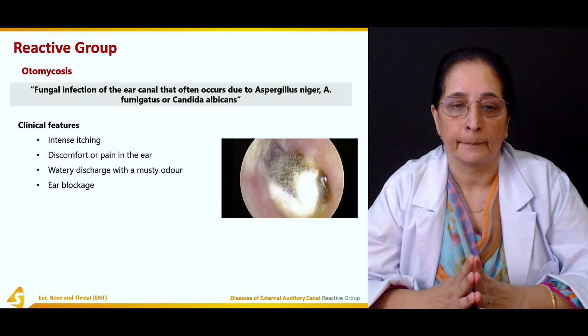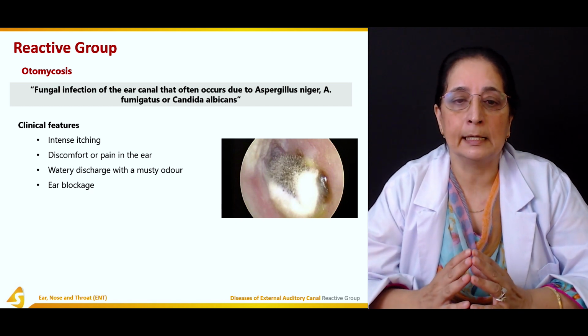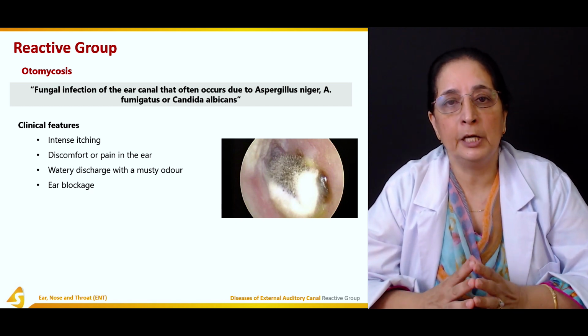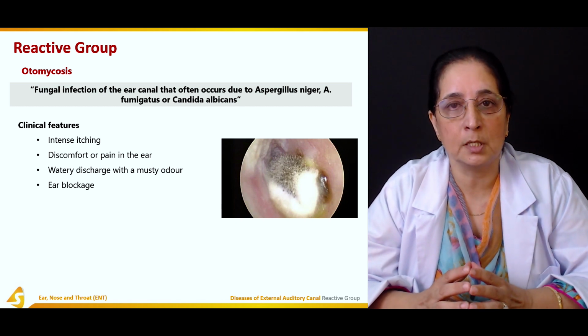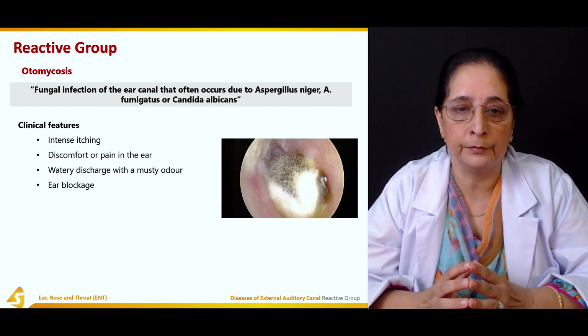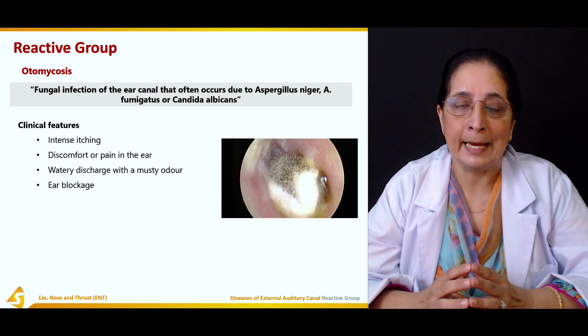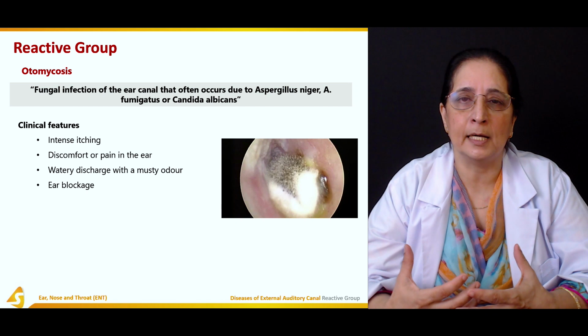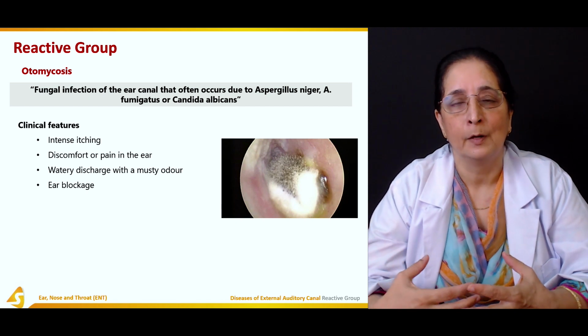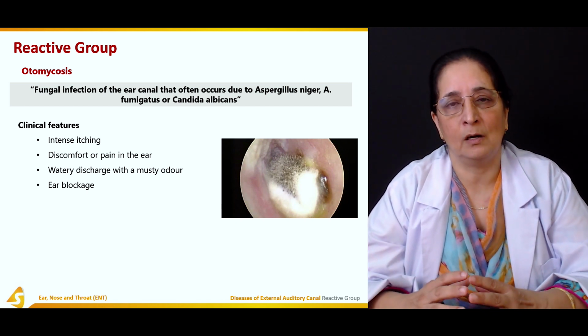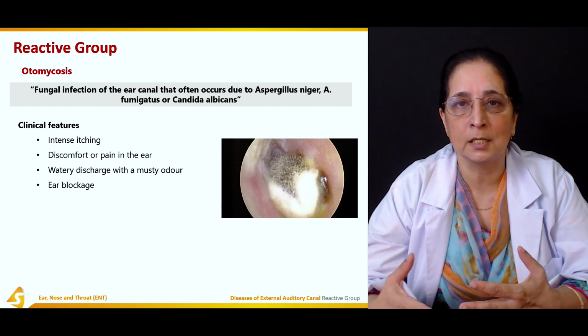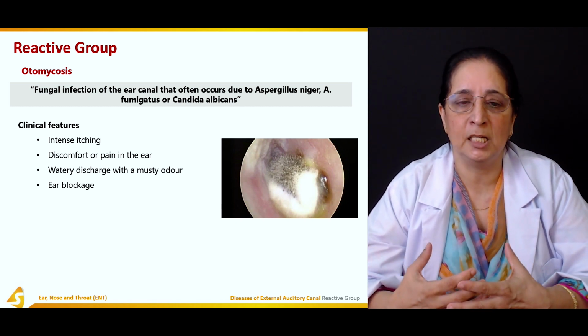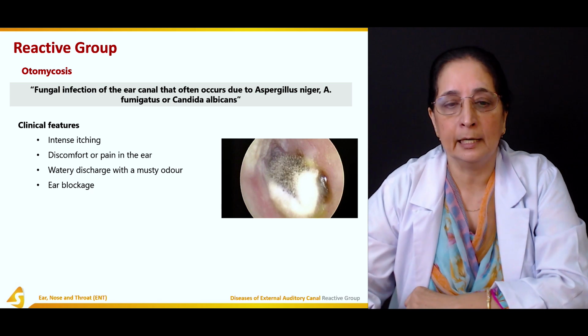of the ear. So all these are the clinical features of the patient with otomycosis or fungal infection of the ear. Itching, pain, musty odor. Musty odor is like the odor from damp old places that have been there for a long time. That's musty odor. There is also ear blockage.